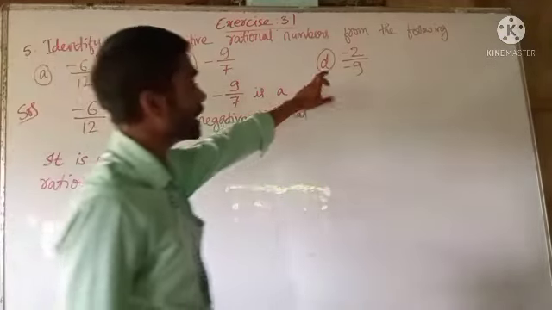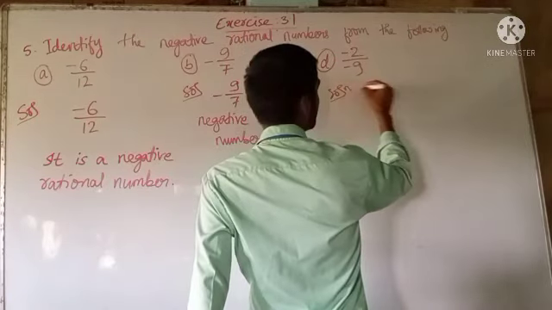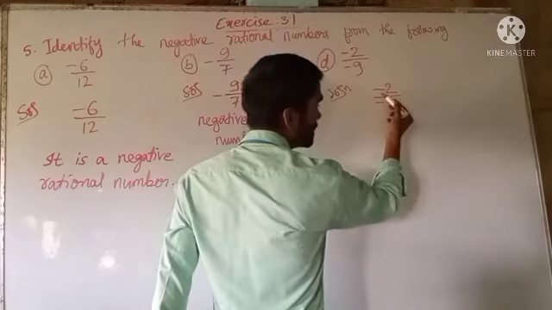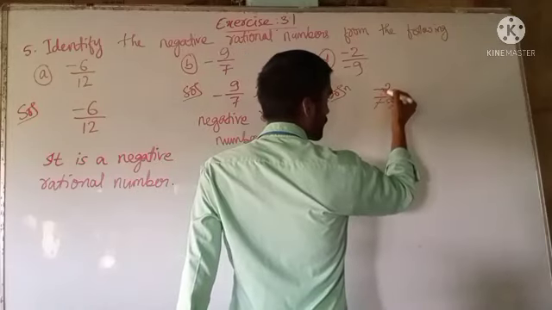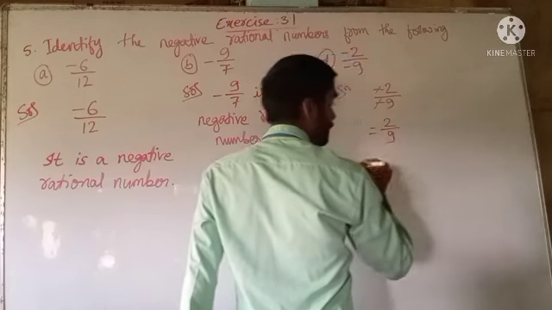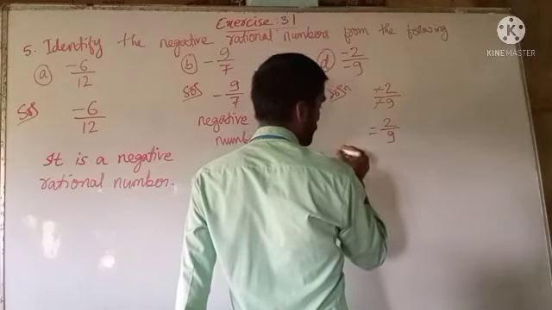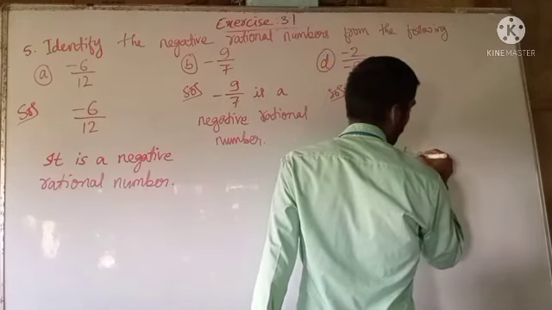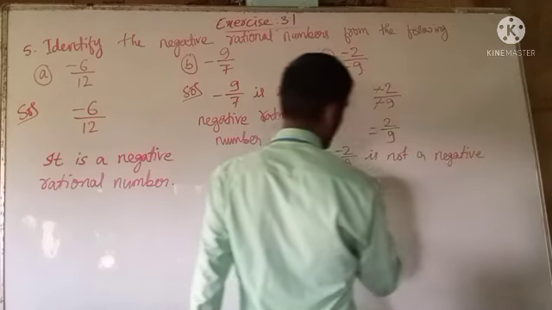Now option number D, minus 2 by minus 9. Here we can see that both the numerator and the denominator have a minus sign, which we can cancel. If we cancel that, it will be changed into 2 by 9. So we can write here, therefore minus 2 by minus 9 is not a negative rational number.